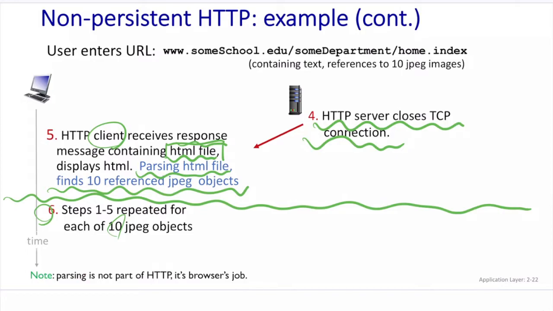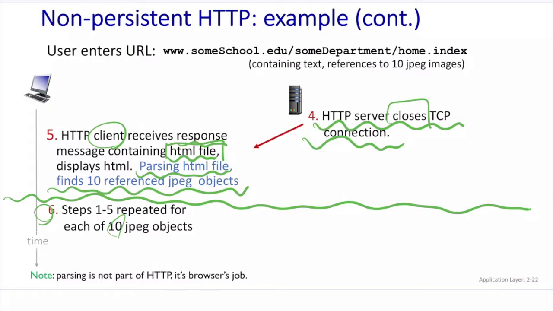So the server and client will create 10 additional sockets, repeating steps number 1 to number 5. As you can see, only one object will be passed from the server to the client in a single HTTP connection, because the server will terminate the TCP connection every time it finishes transferring one object. So that is called non-persistent HTTP.